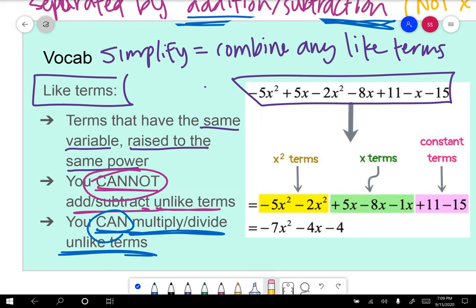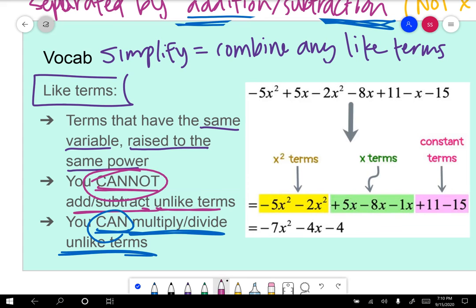What I like to do, and kind of start you guys off doing and getting in the habit of, just so you can recognize things, is circling or underlining or putting different signs next to the like terms. So for example, here we have, notice, the same variable. We're looking for x raised to the second power, so we need to find any other terms that have x raised to the second power.